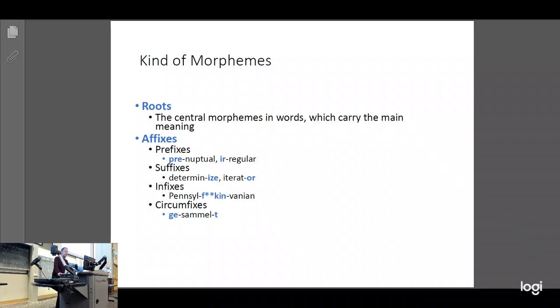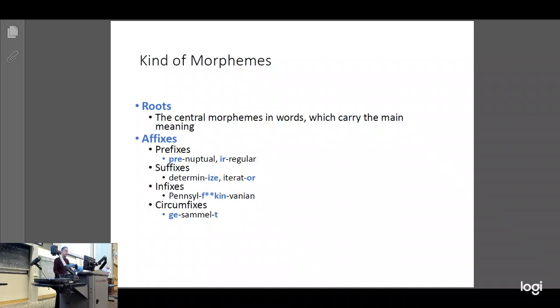And affixes come in different types. There are prefixes, like pre in prenuptial, or ir in irregular. Suffixes, like ize in determinize, or or in iterator. There are infixes, like fucking in Pennsylvania or California, that come in the middle of a word.